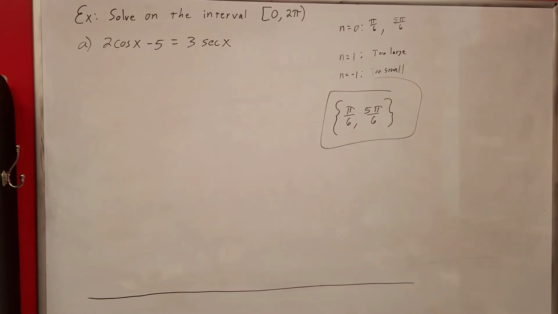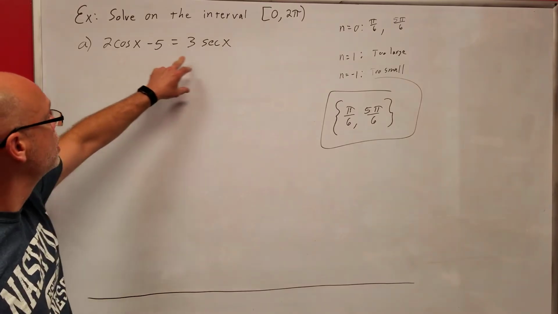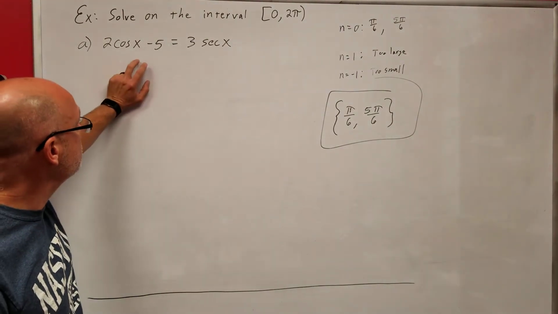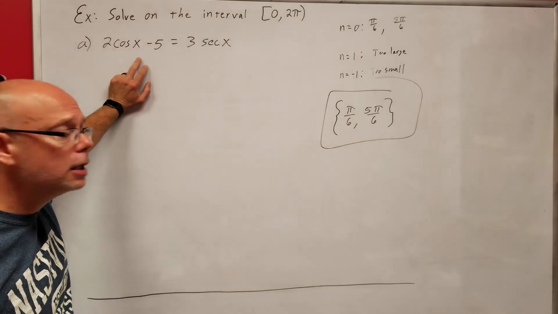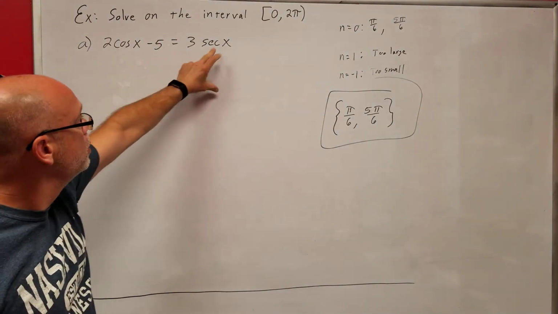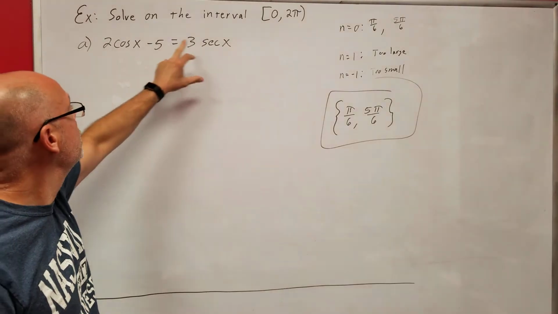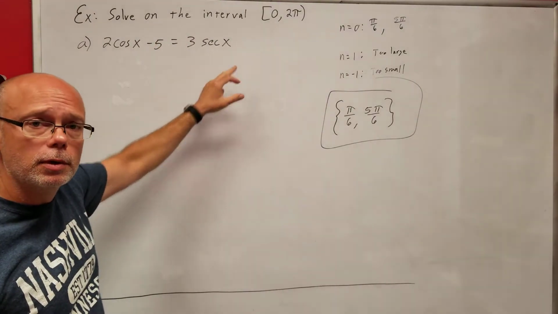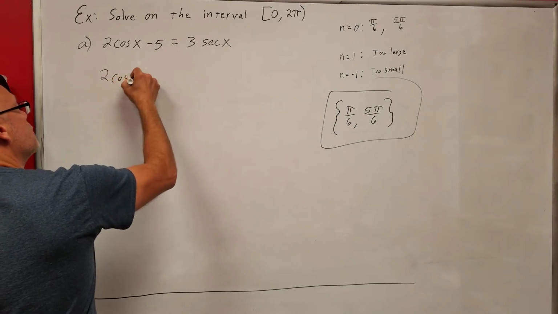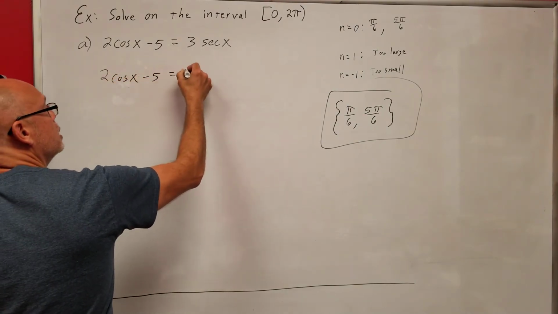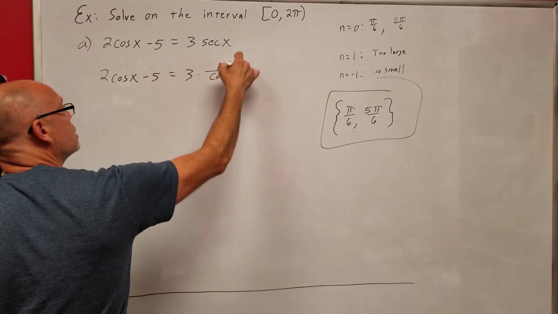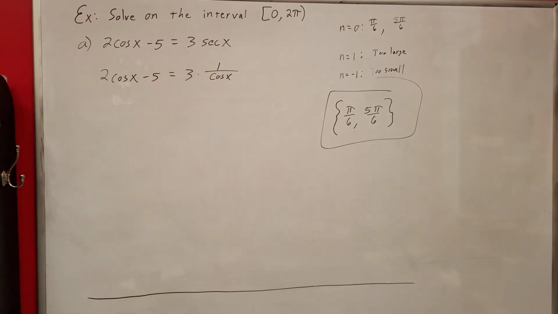Let's see. I need to solve this equation. Well, I have cosines in it and I have secants in it. So sometimes I have to use an identity. I like thinking about the identity of 1 over cosine here. Therefore, it puts these all in terms of cosine. So I have 2 cosine of x minus 5 is equal to 3 times 1 over cosine of x instead of secant.